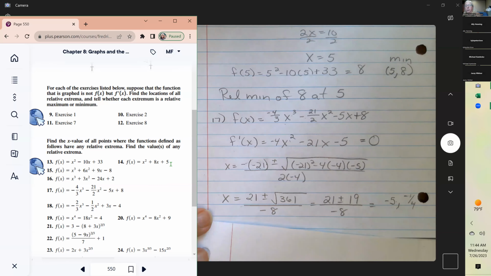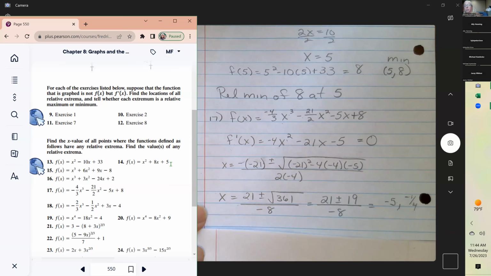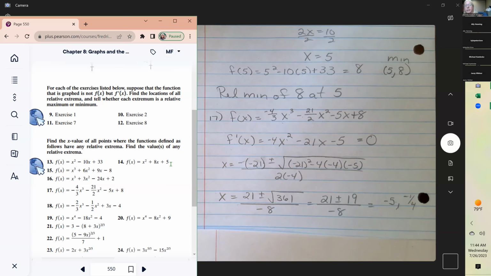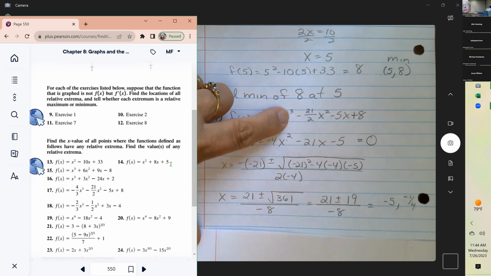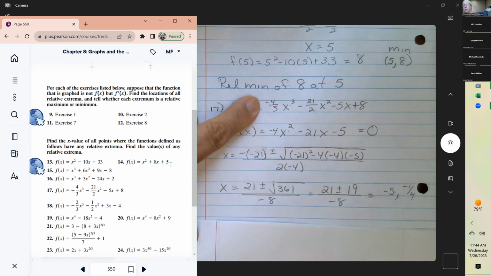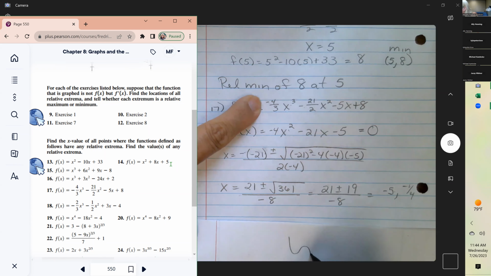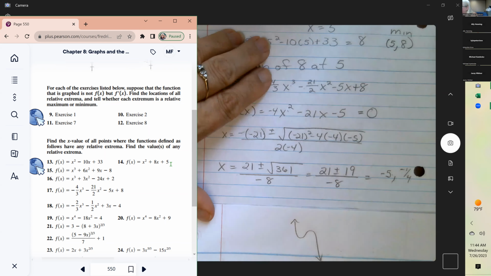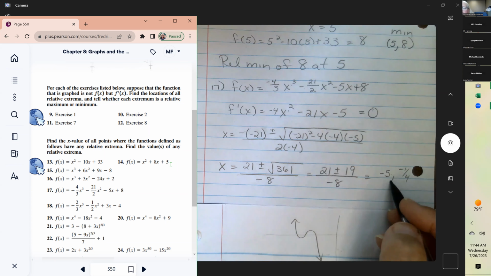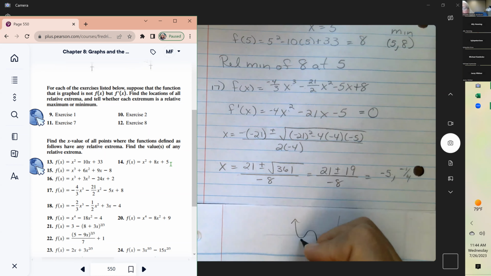And we need to decide if those are max or mins. Well, you could go on Desmos and graph it. But this is a cubic, and this is negative. A cubic graph looks like a snake. Negative means it's going down. So if you think of your number line, the smallest value is going to be a min.